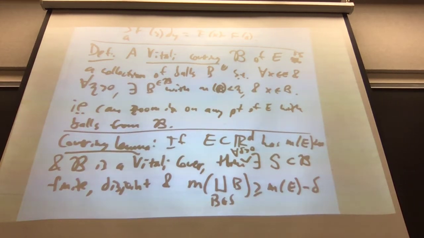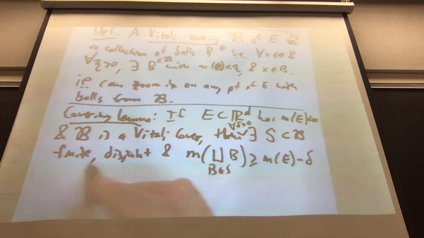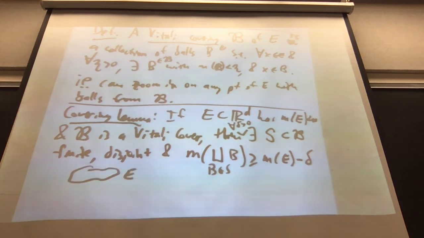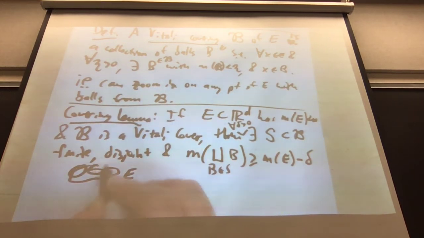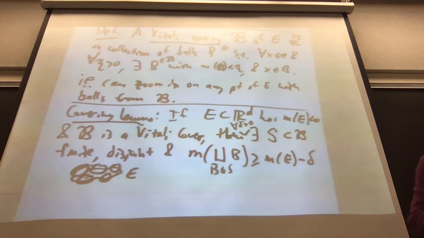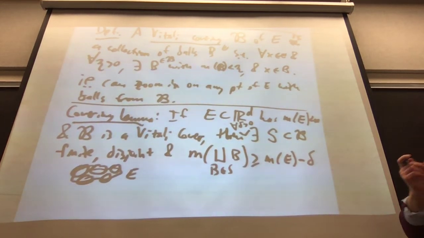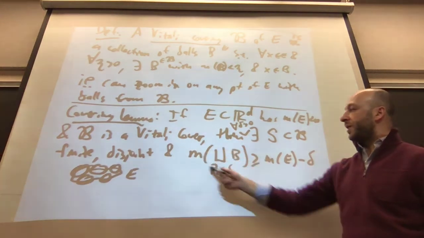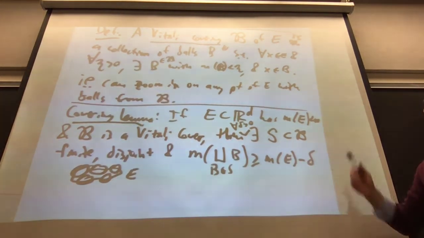Okay, so the picture is you have some set E, I don't know what it looks like, I'll find finitely many disjoint balls in my Vitali cover so that the measure of these balls is at least the measure of E minus delta.